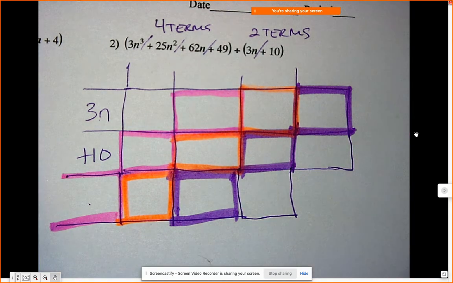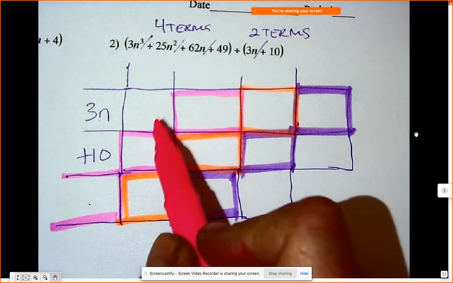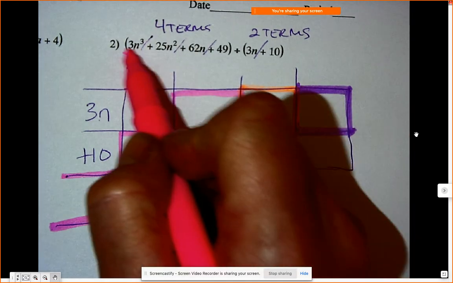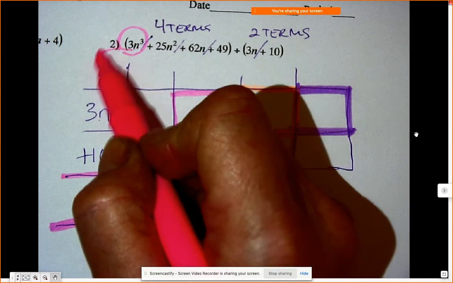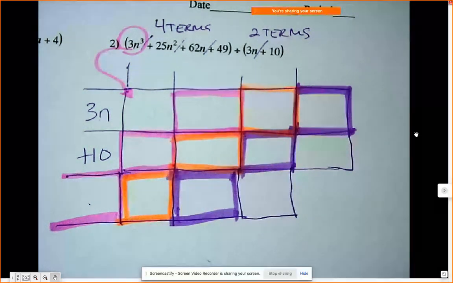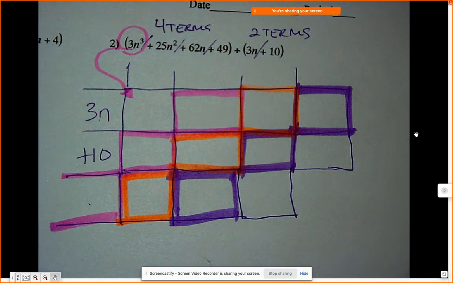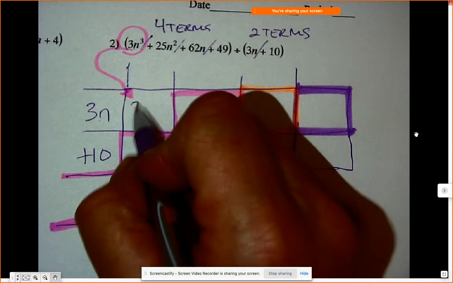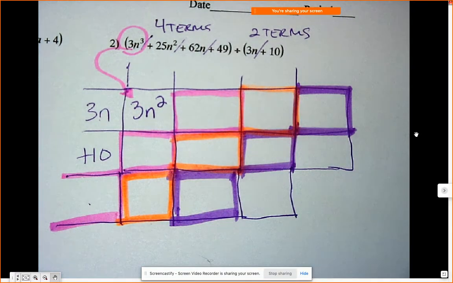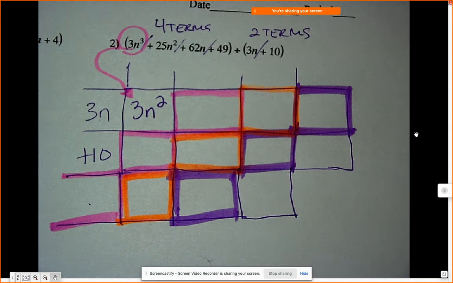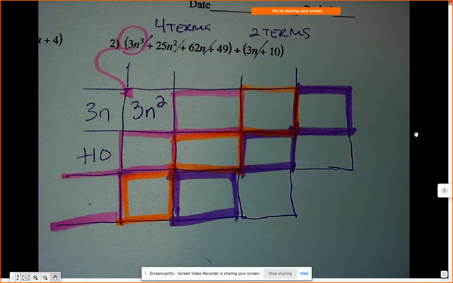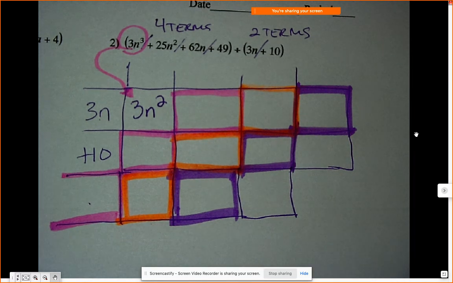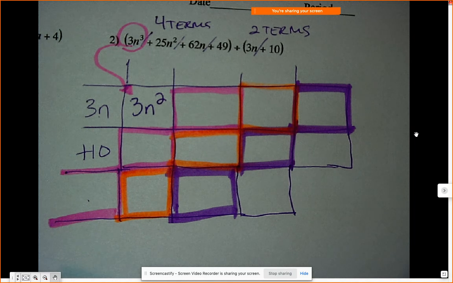I will tell you the first thing you need to do to get jump started is you take the very first term and it comes down into this first box. Always. No exception to that rule. 3n squared. Okay, so when we were thinking about our times tables, I'll bring back up the times tables real quickly.